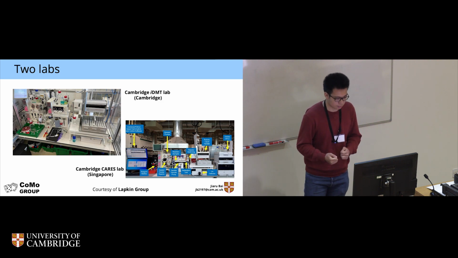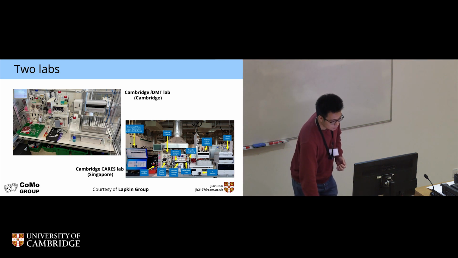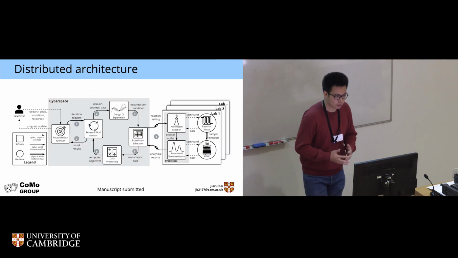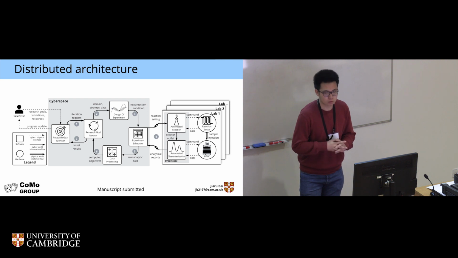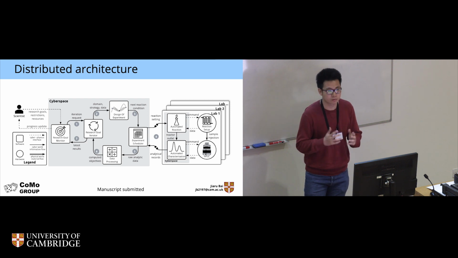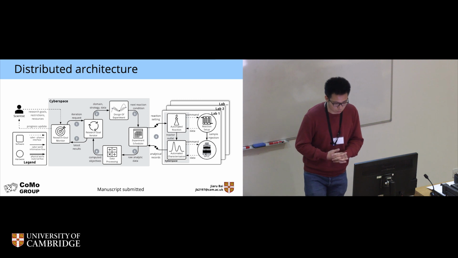Each of these is managed by one of our team members, Dongjiang and Connor. The problem is how we can connect these two. The first thing we do is take the abstraction: what are the data, software, and hardware involved in the process, and how can we streamline the workflow within this.